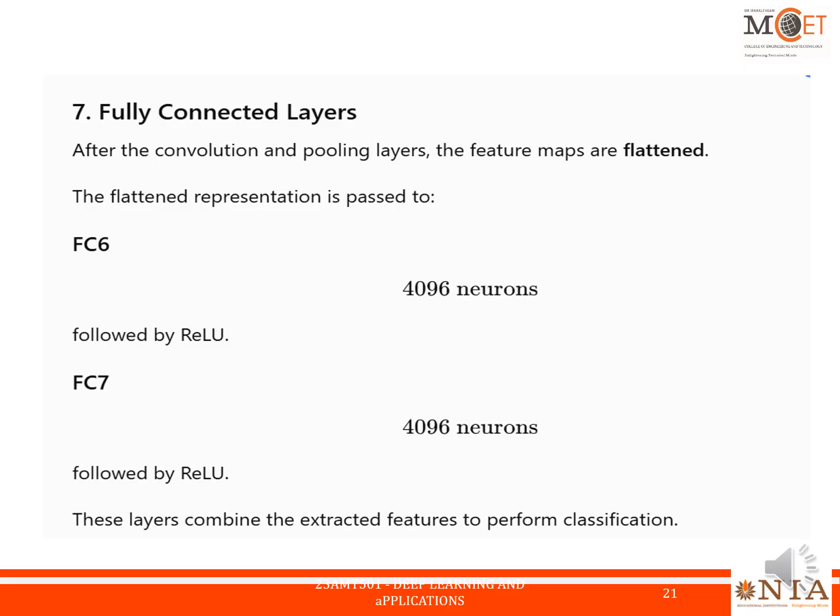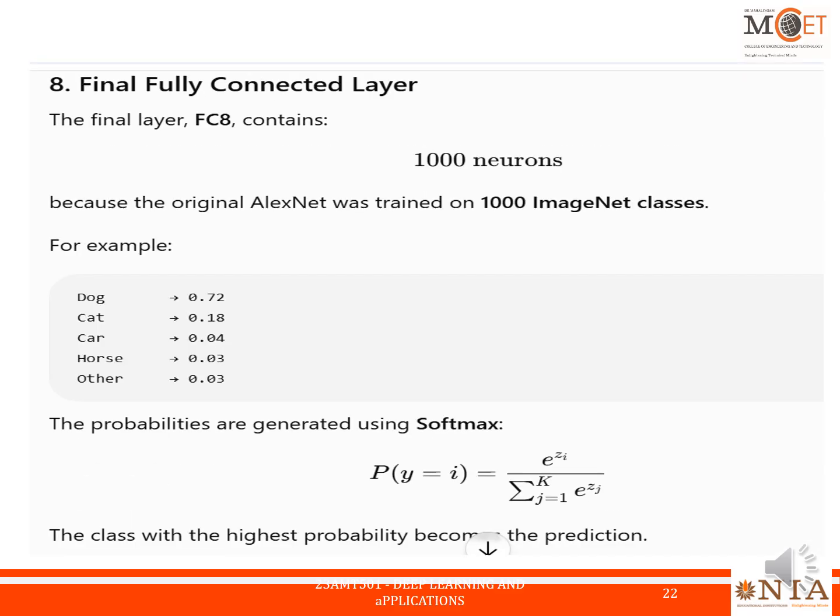In the fully connected layers, after the convolution and pooling layers, the feature maps are flattened. The flattened representation is passed to 4096 neurons in the fully connected layer, followed by ReLU activation. Again, it is passed to fully connected layer 7 with the same 4096 neurons, followed by ReLU activation. These layers combine the extracted features to perform classification.